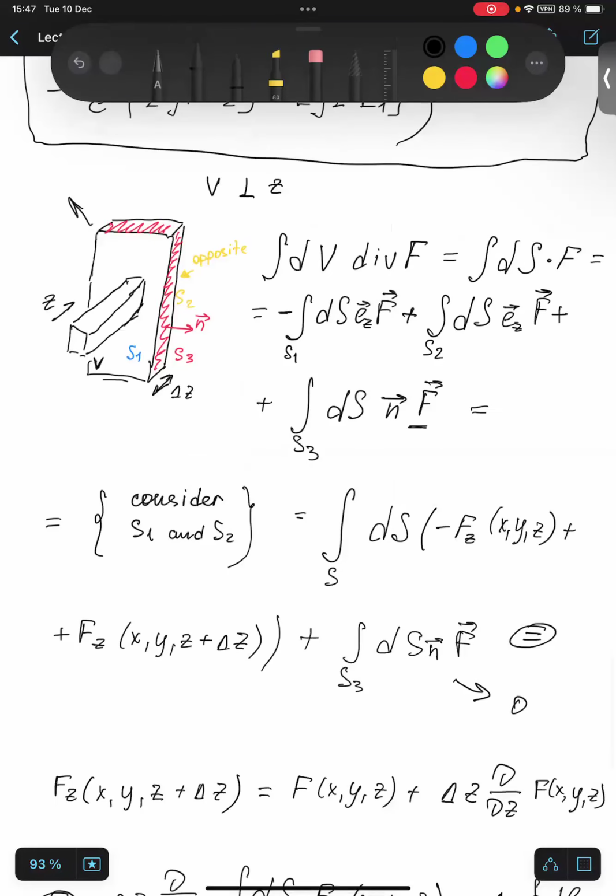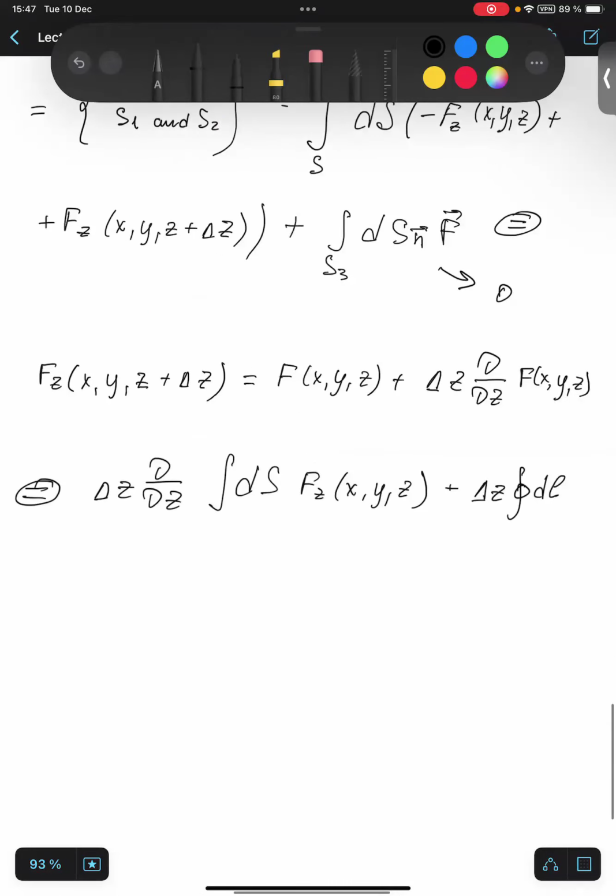This is L, it's just our contour. And f.